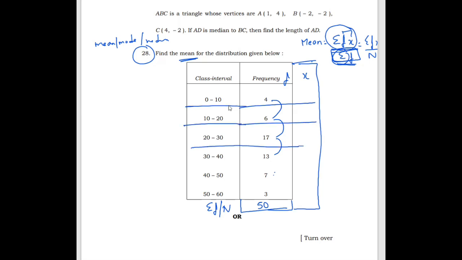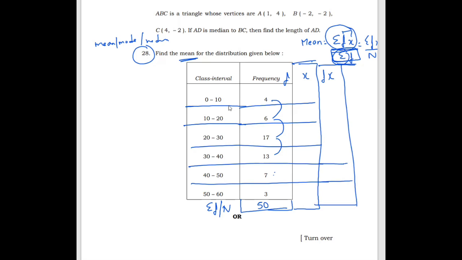I'll just put the table again properly. Next is f x. Because I want summation, lastly I want this total. This total is called sigma f x.